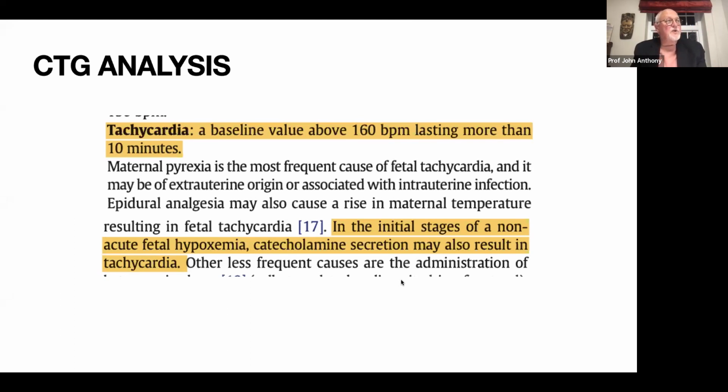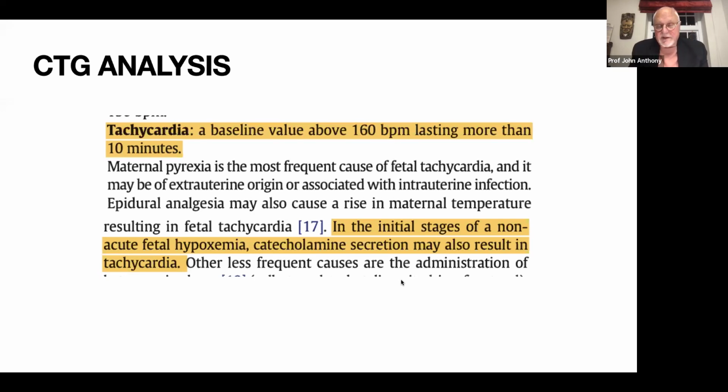And again, we know what the common causes for this are. It may be that the mother's got a temperature, either because she has an infection or because she's had an epidural, or the baby might be in an infected intrauterine environment, for example, or the mother might have been given drugs such as beta-adrenergic drugs to stop preterm labor. These can all cause the fetal tachycardia.